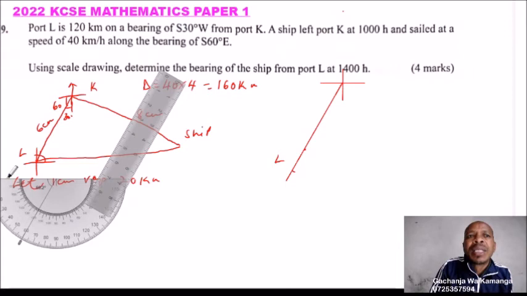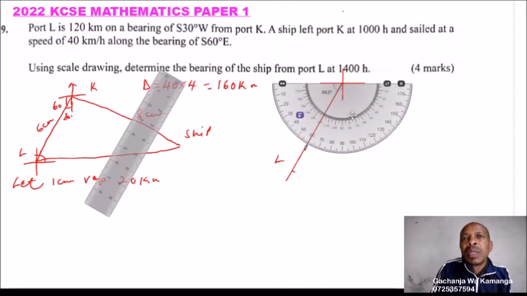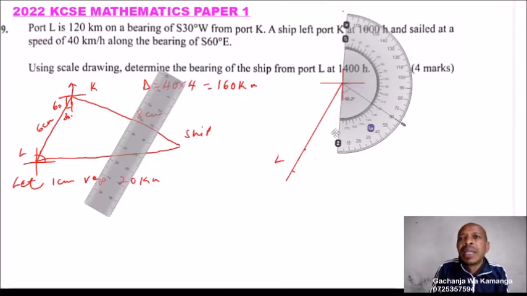Now we get to where the ship is, from south to east. So we again take our protractor and we use our protractor to draw the angle. So that roughly where we will need our protractor. And now we are measuring from here, this angle here. We are told that from south to east, this angle is 60. So we measure an angle of 60. I think it's already there.